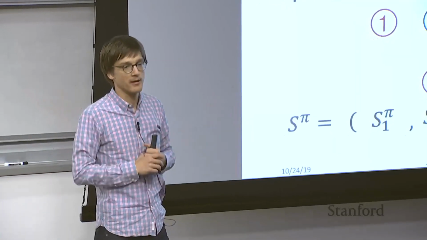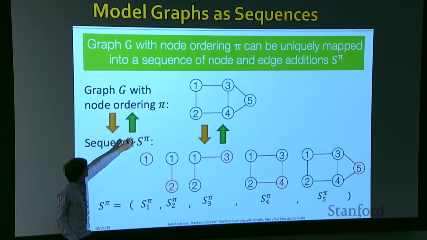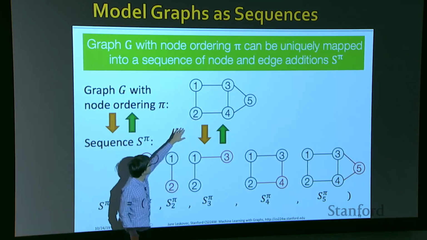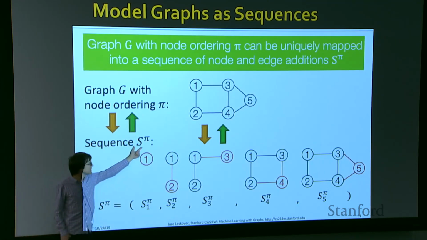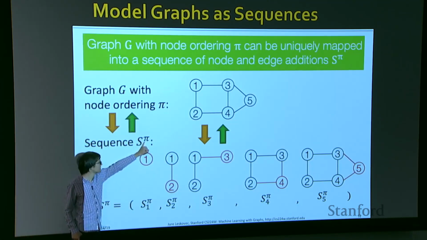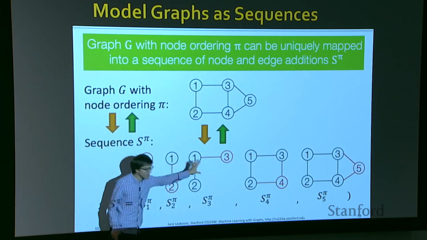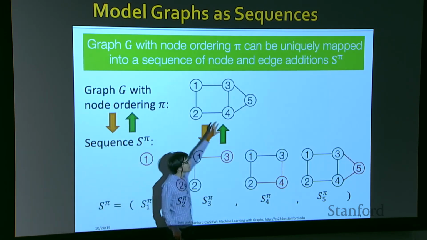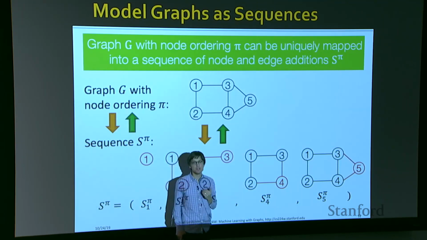In order to generate a graph with a certain ordering or numbering of the nodes pi, the graph is uniquely defined by this sequence S. It's indexed by pi because pi determines the numbering of the nodes. And then here is what the generation process looks like. Note that if I renumber the nodes differently, then the sequence would be different as well.